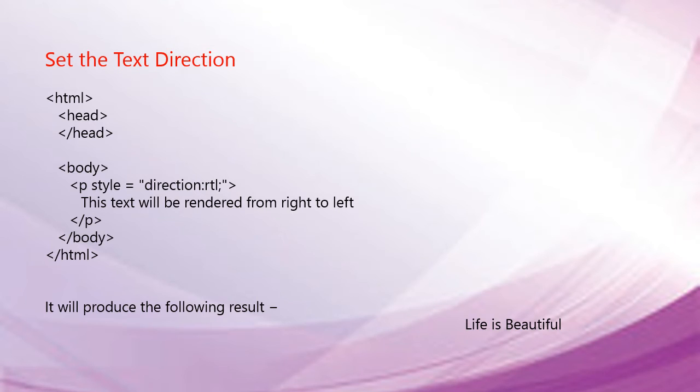RTL is right to left, and LTR means left to right. If you execute this program, you will get the output this way. As we have given the direction as RTL, the text will appear from right to left.